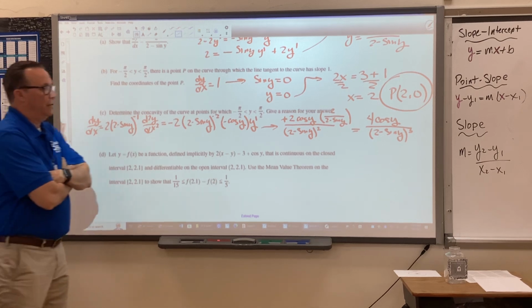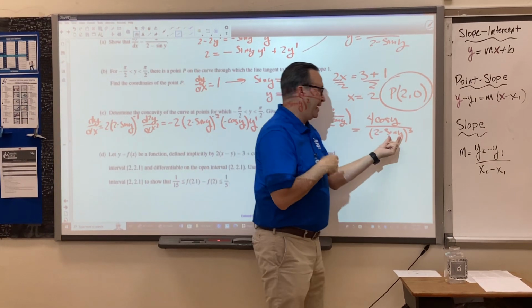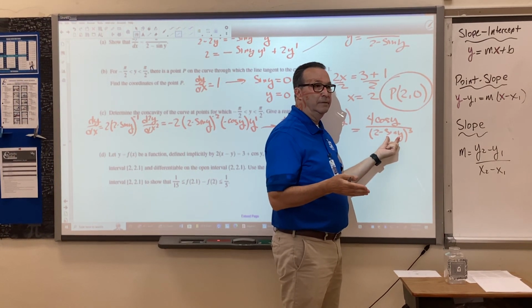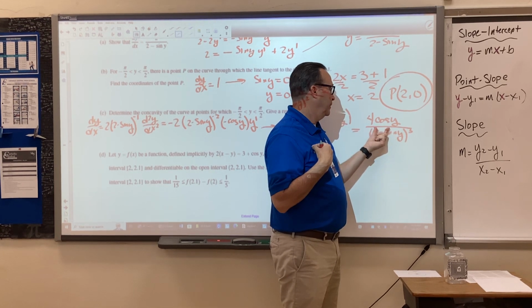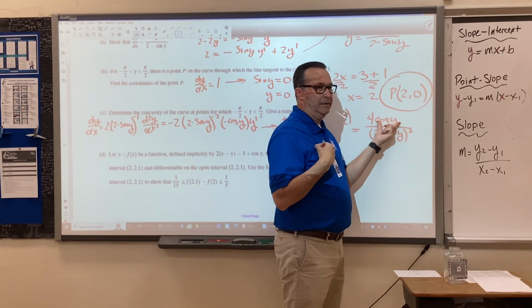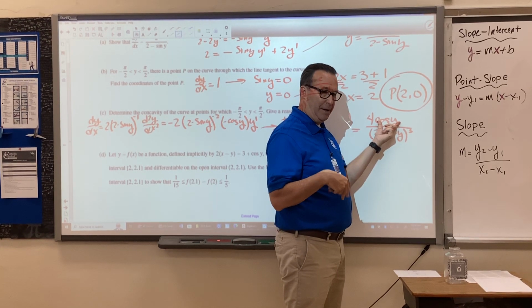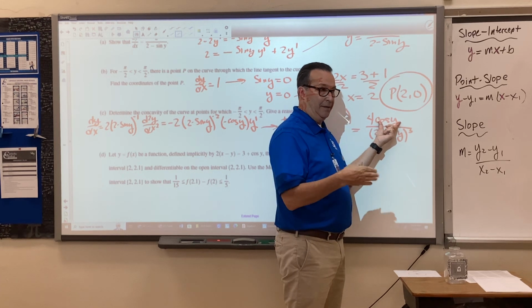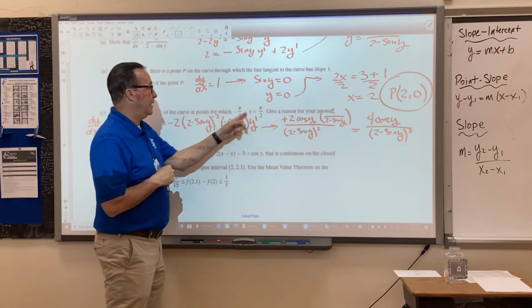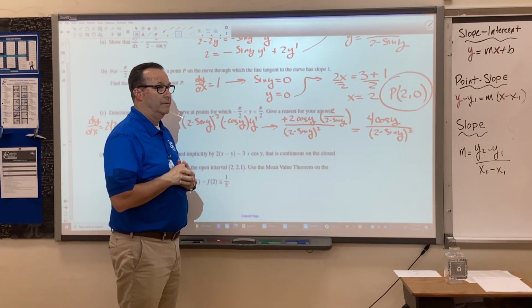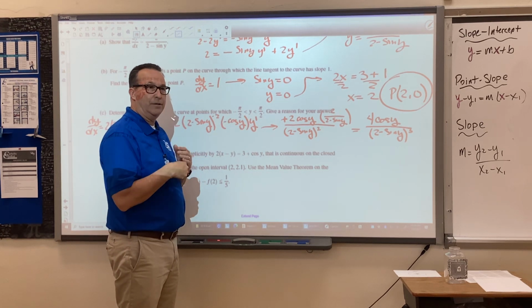The denominator is always positive, because sine of y can't ever be bigger than 1. So 2 minus something smaller than 1 is going to be positive. Cosine between negative pi over 2 and pi over 2 is always positive, not including the endpoints, because it's the x-coordinate on the unit circle.